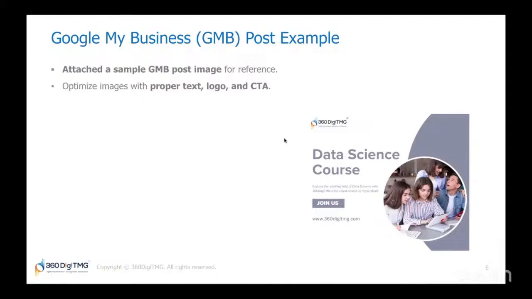We'll go to our GMB and take a few examples. On the image, a logo should be there. That is mandatory. And a keyword should be there. As we discussed, one keyword should be there, and some content, one or two lines of description.